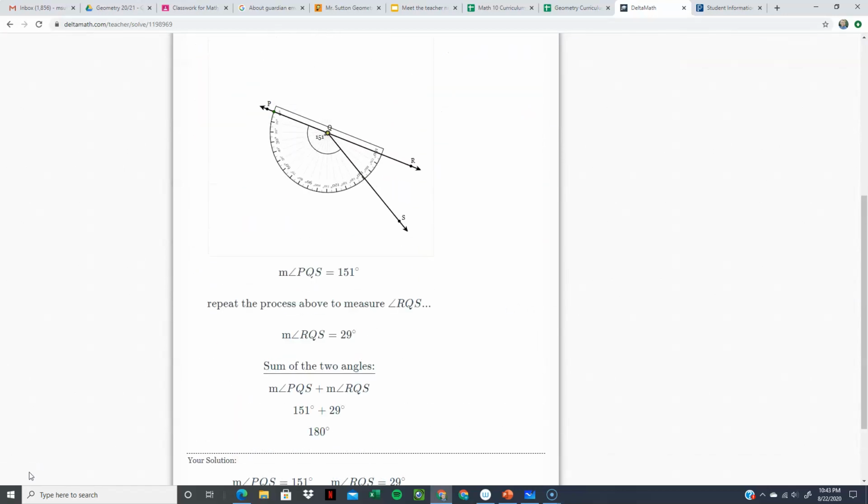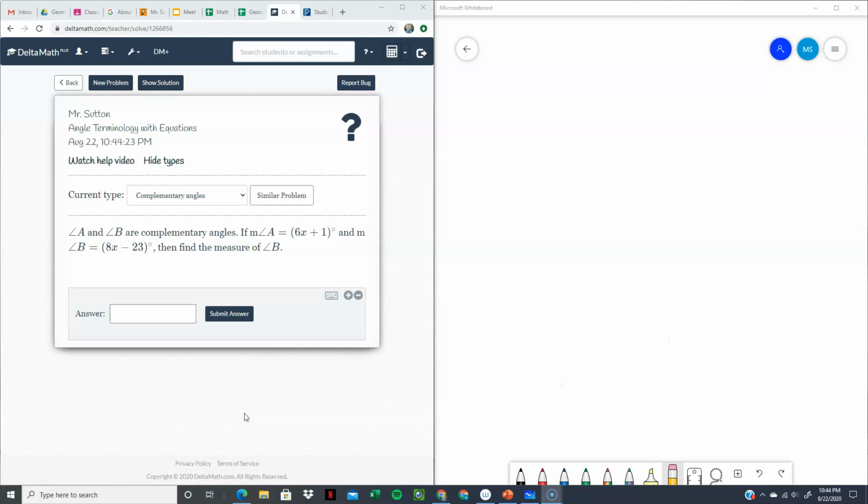And there's your explanation. So here we're on to angle terminology with equations, and I selected a complementary angle type problem. So it says angle A and angle B are complementary angles if the measure of angle A is 6x plus 1 degrees and the measure of angle B is 8x minus 23 degrees.